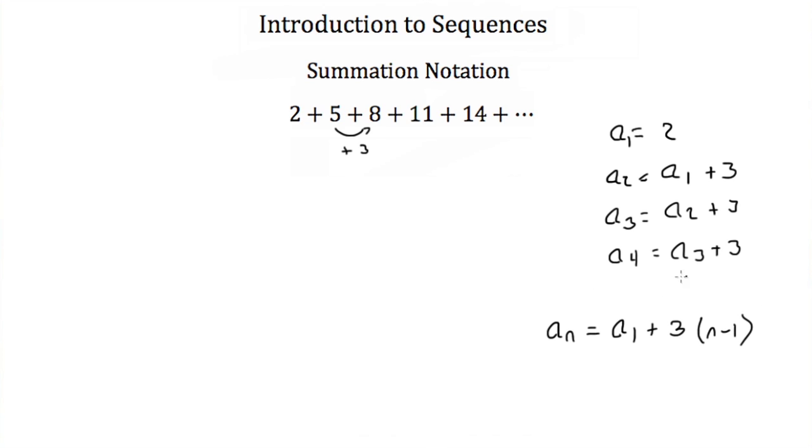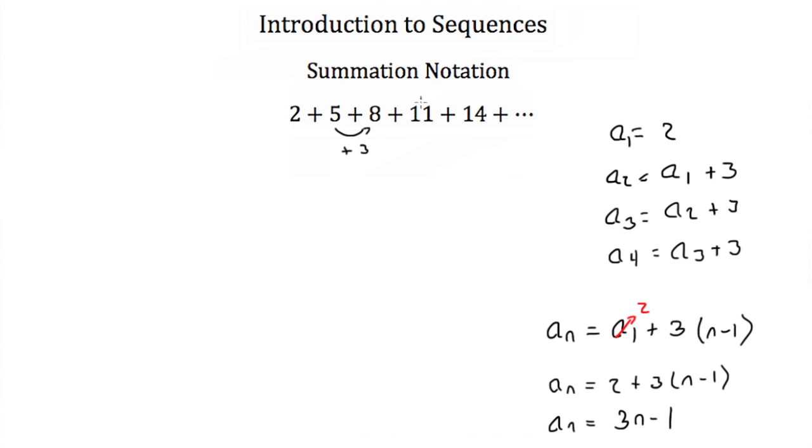This is just like our first example when we built an explicit formula. Now A1, we know what our first term is equal to. That's 2. So our explicit formula is 2 plus 3 times n minus 1, or if we simplify this a bit, we'll have 3n minus 1.